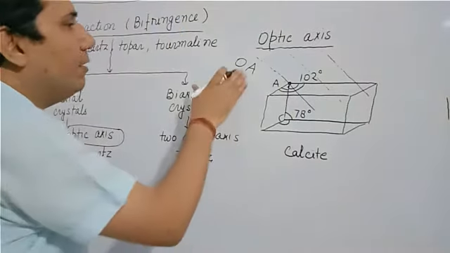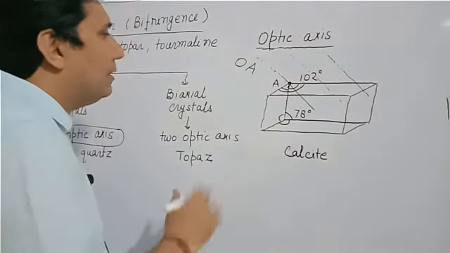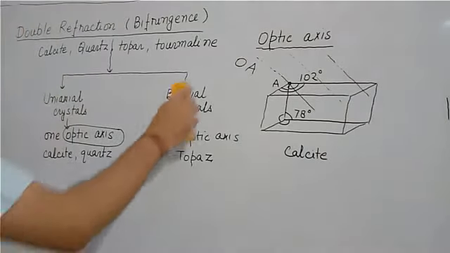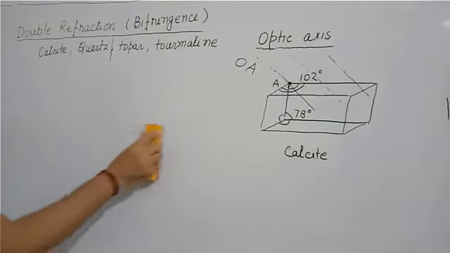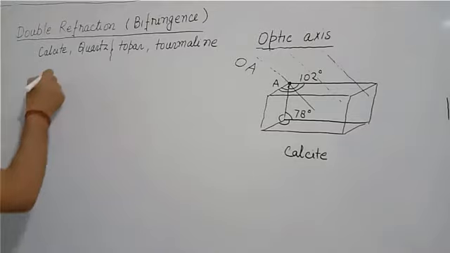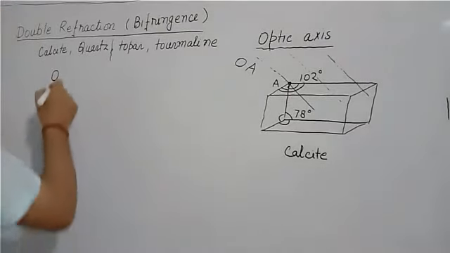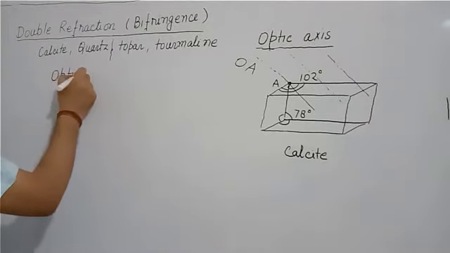It means whenever we are drawing a line parallel to the optic axis, those lines will also act as optic axis. So the meaning of this is, this optic axis is actually not a line, rather it is representing a direction. It is not just a line, but this is representing a direction.